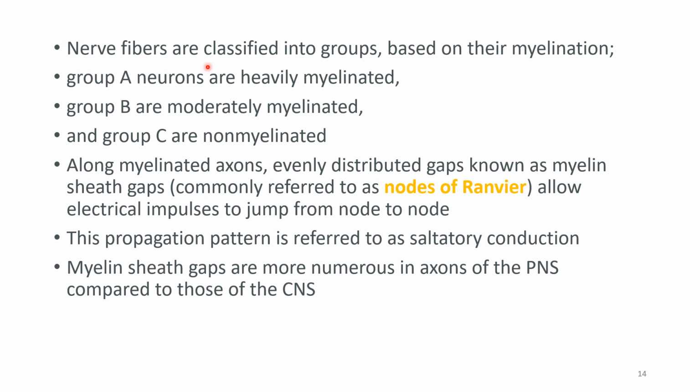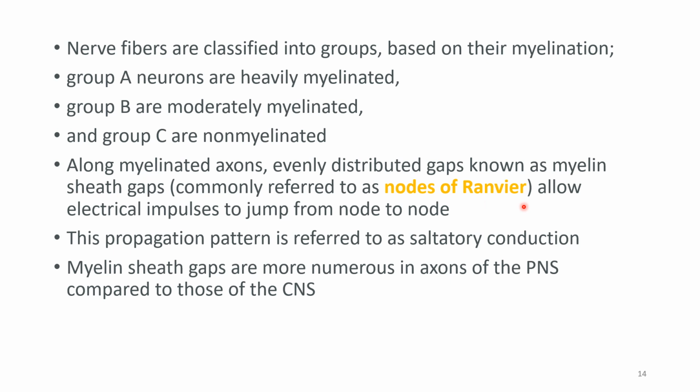Nerve fibers classification in detail we will discuss at the last. Okay. So, here you should remember that group A neurons, B neurons and C neurons broadly: A are heavily myelinated, B are moderately myelinated and C are unmyelinated. In the myelinated axon, we have nodes of Ranvier.